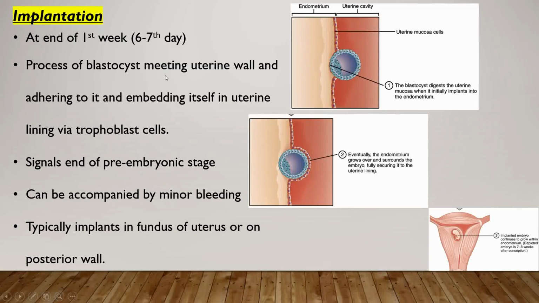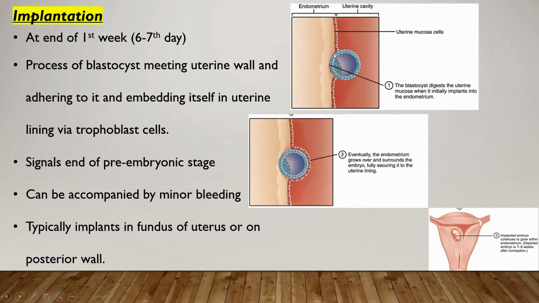It is the process of the blastocyst meeting the uterine wall and adhering to it, and then later embedding itself in the uterine lining via the trophoblastic cells. So here is the blastocyst, which is now not covered by the zona pellucida. So now it is ready for implantation.